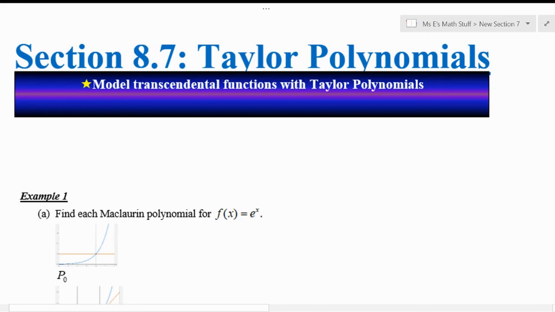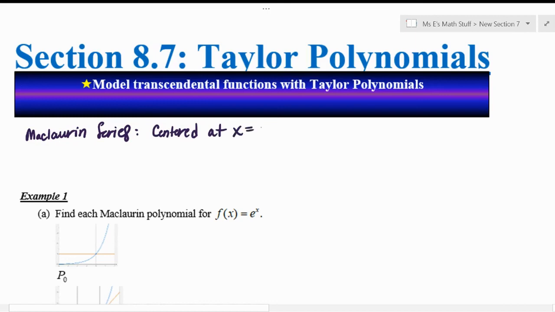One thing that I'm afraid I may have jumbled in the previous part of this video is the difference between a Maclaurin series and a Taylor series. So we're going to start off working with what's called a Maclaurin series. If you see Maclaurin series, that means we're automatically centering it at x equals 0.